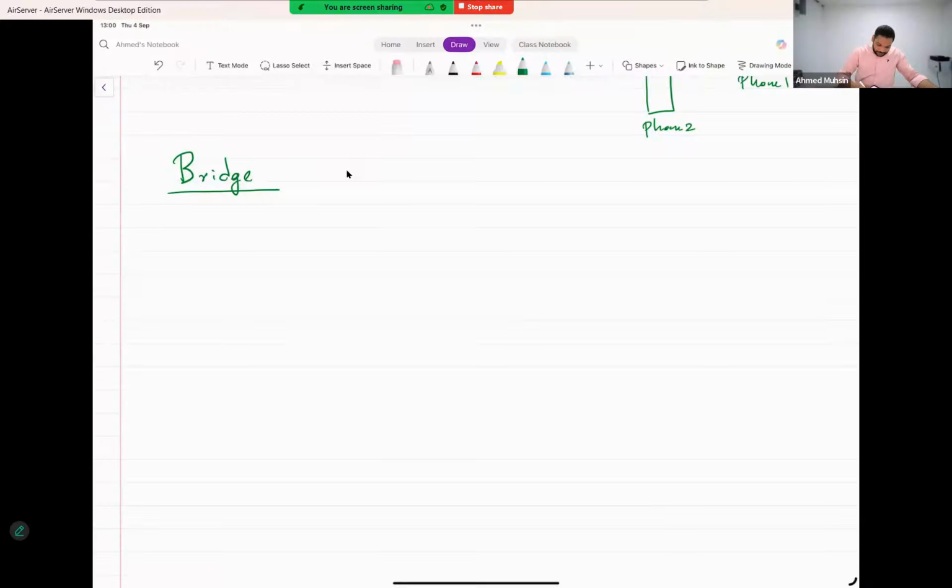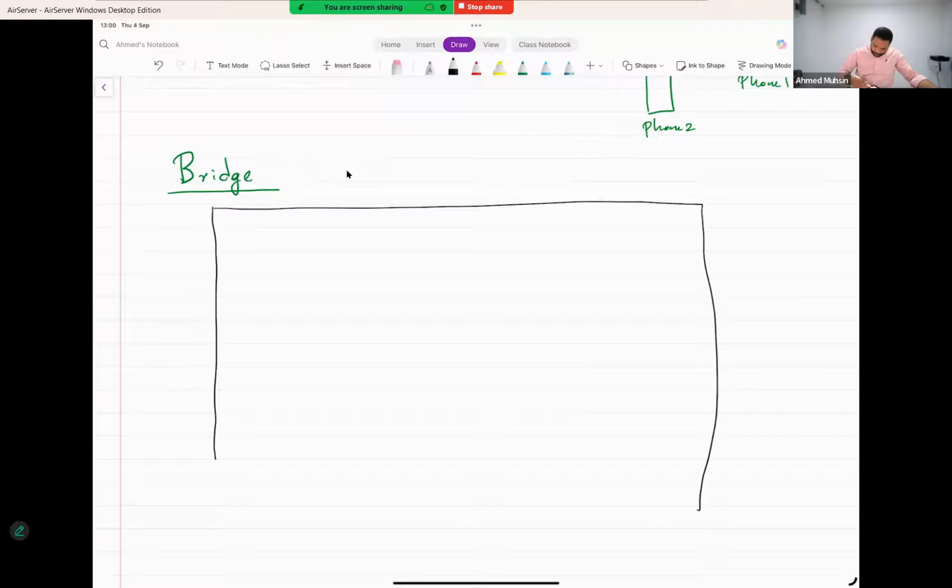So we'll take, for example, an entire building.